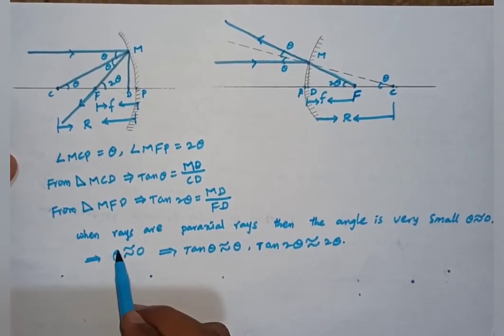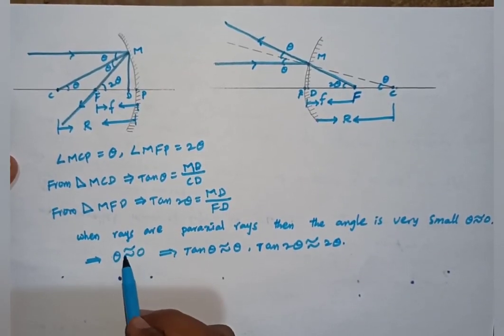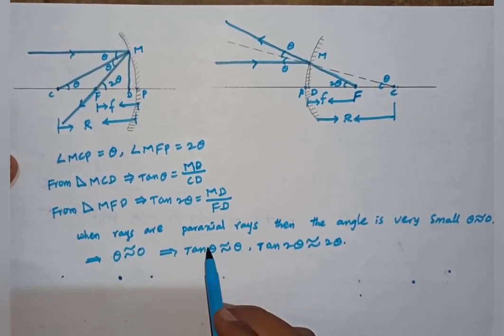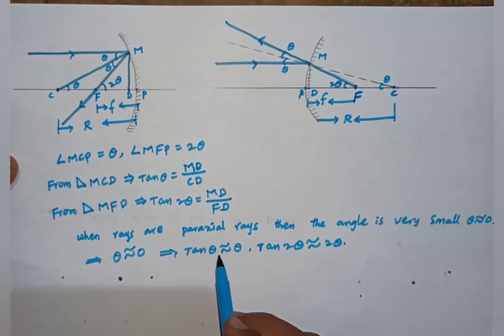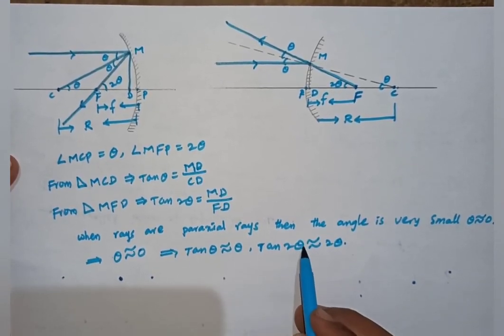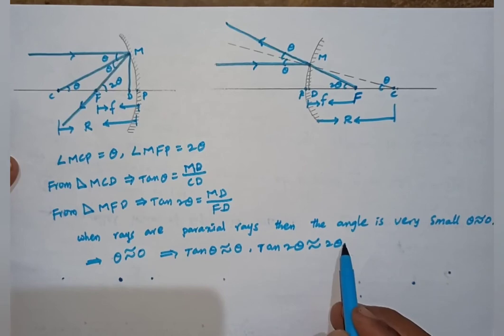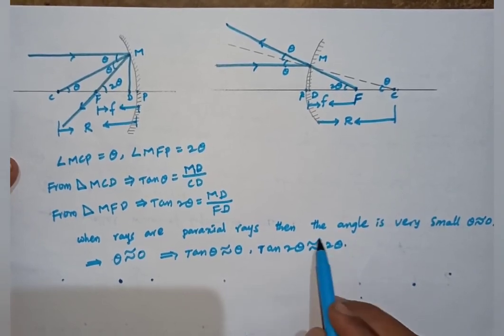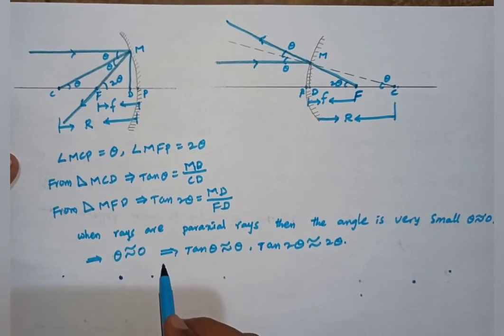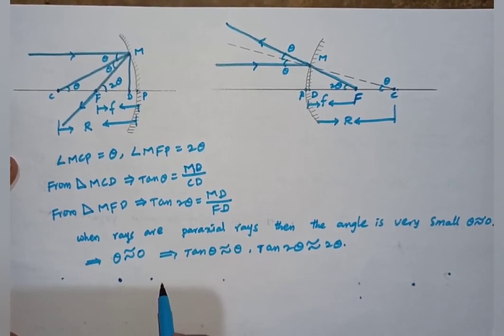So here, taking theta approximately equal to 0, sin theta equals theta and tan theta equals theta, and tan 2 theta is approximately 2 theta, and sin 2 theta is also taken as 2 theta. So for simplification, what is the equation here?